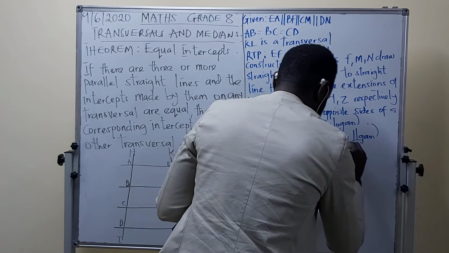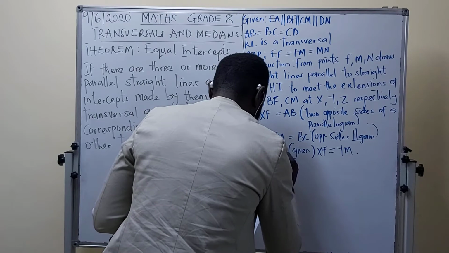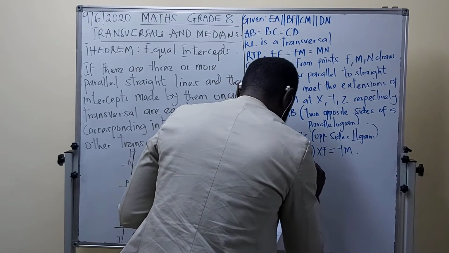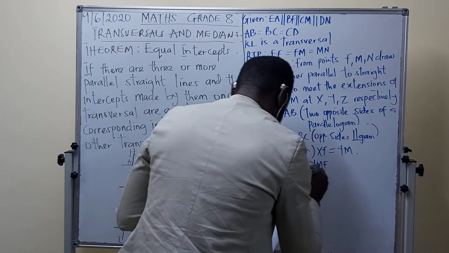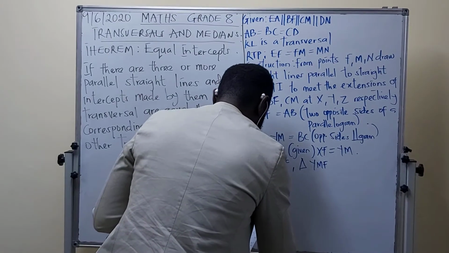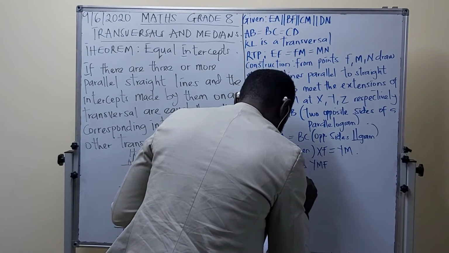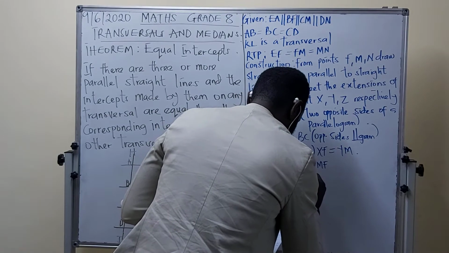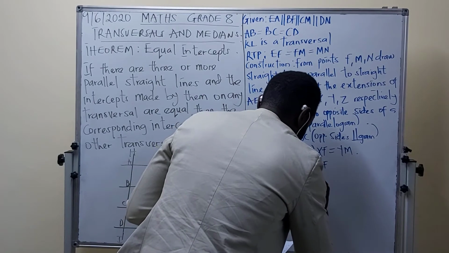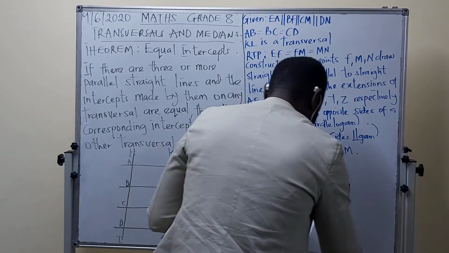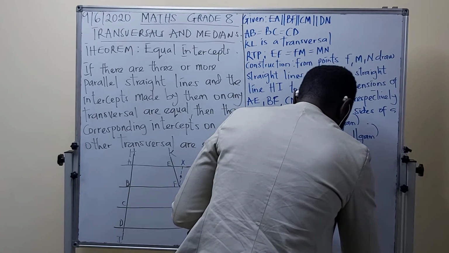XF is equal to YM. In triangle XEF and triangle YFM, angle XEF is equal to angle YFM, that corresponds.